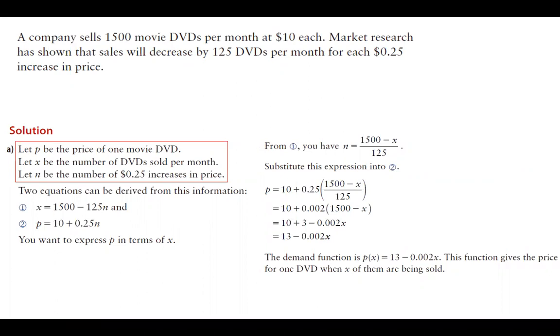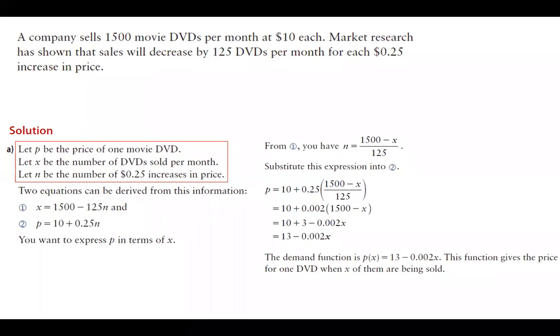Then let a variable N be the number of $0.25 increases in price. So we have the following two equations derived from the given information. First of all, X equals 1,500 minus 125N, right? Can you see why?